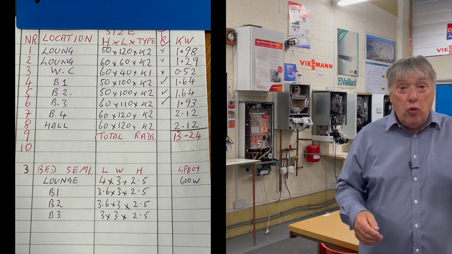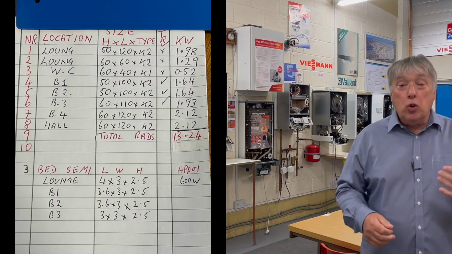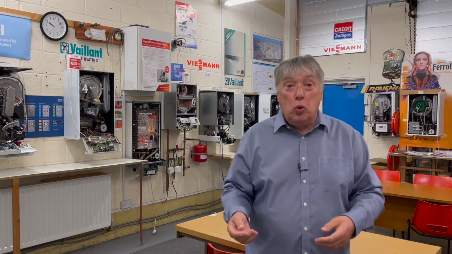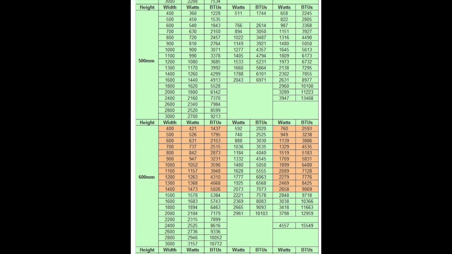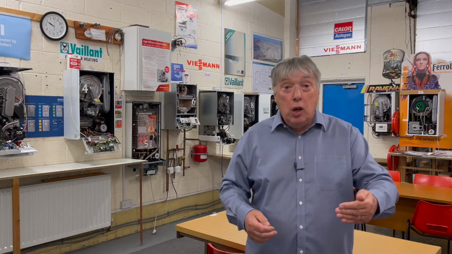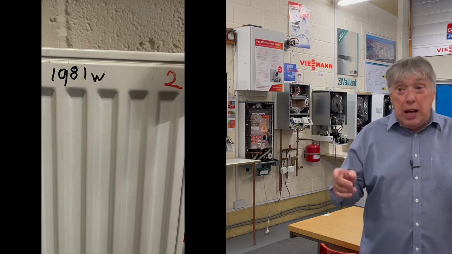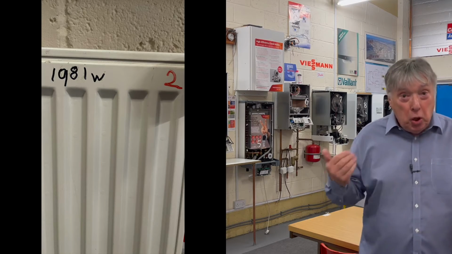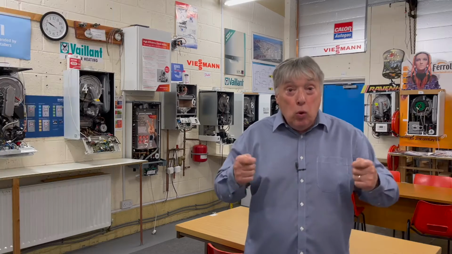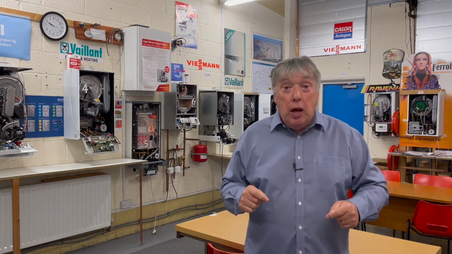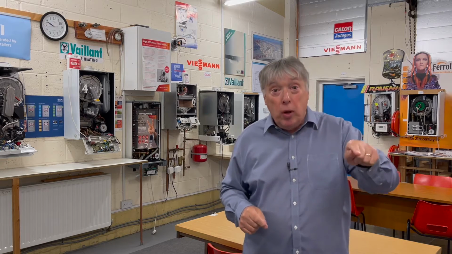I've gone through all the radiators and I've looked at a basic standard price list from a merchant or from a manufacturer, and I've looked at the height, the length, whether it's a single panel radiator or double convector, which is known as a K2 or a Type 22. Anyway, I've written it down, and here's a picture of the corner so I can show the engineers who come here. They all have to do this to calculate all of the radiator sizes and input that into the boiler.